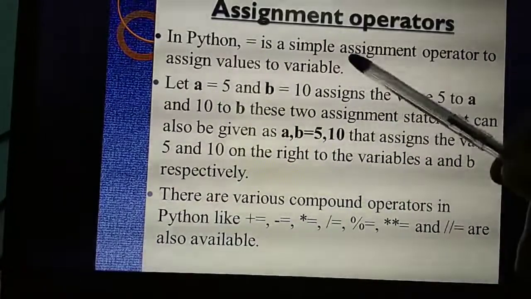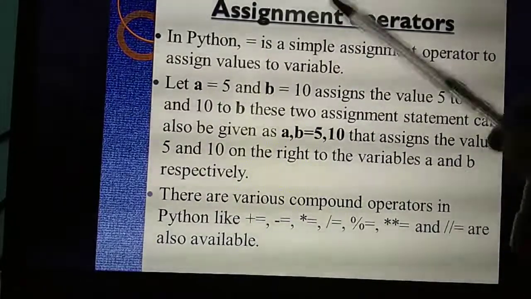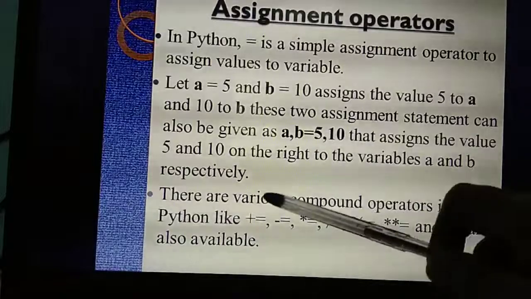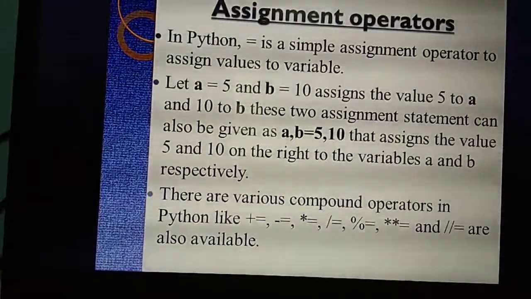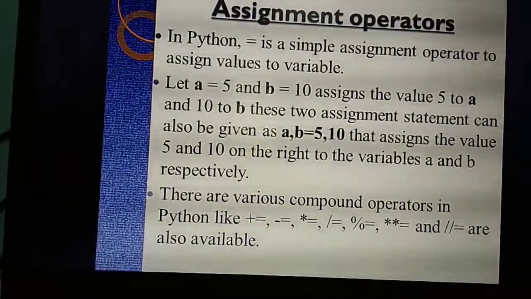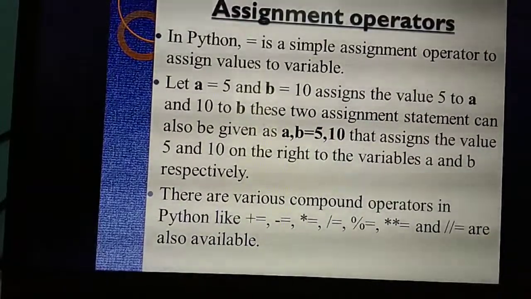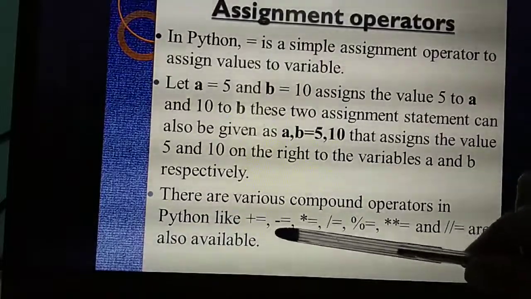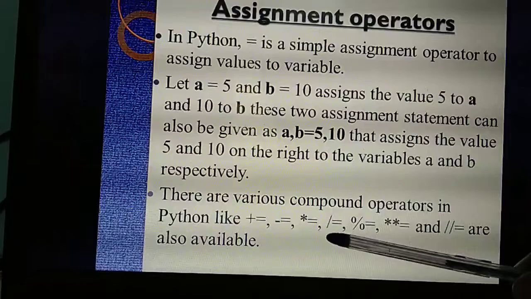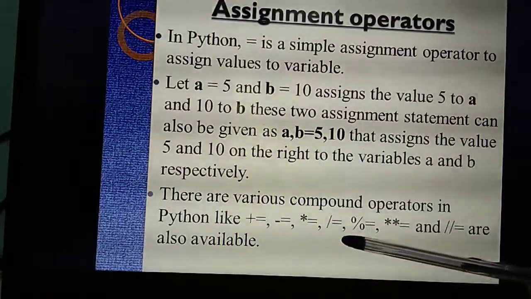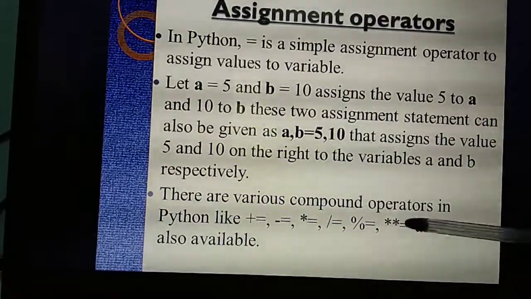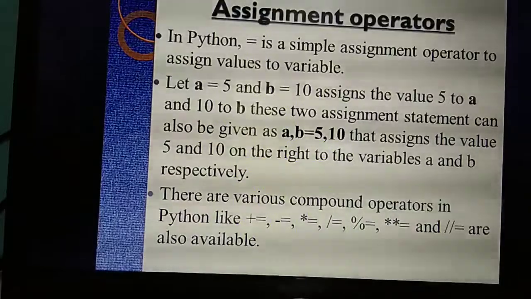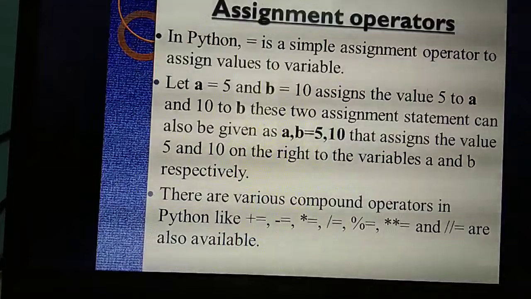Along with equal to, we have more symbols for assignment operators: plus equal to, minus equal to, star equal to, slash divide equal to, modulus equal to, exponent equal to, floor equal to. These are the symbols available for assignment operators.